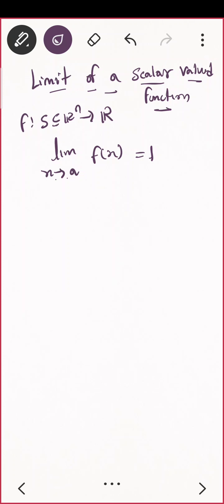Payal, can you give the epsilon delta definition for the limit of a function?